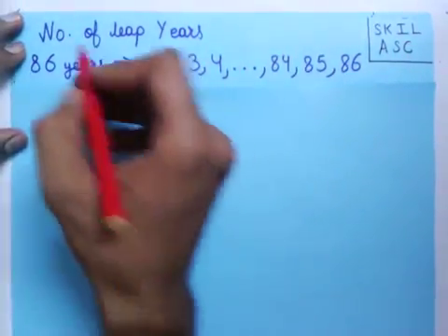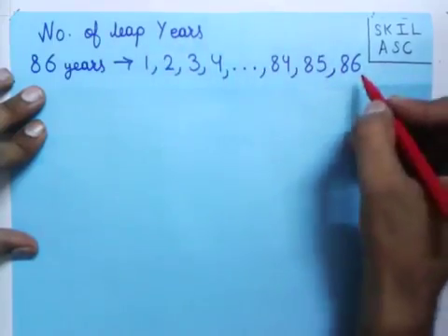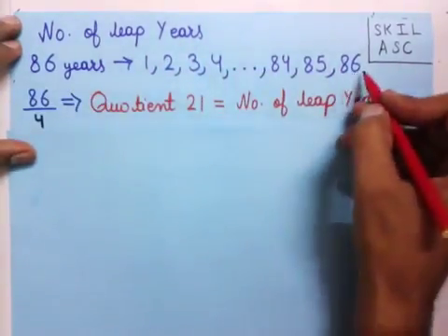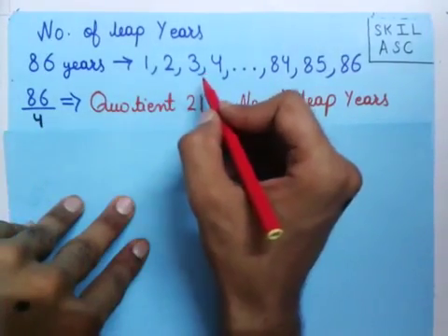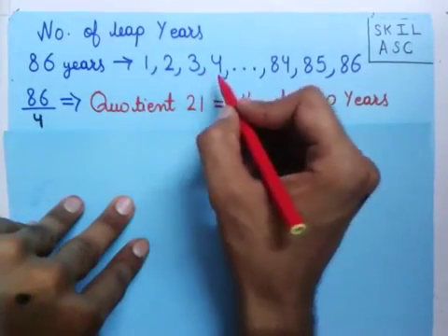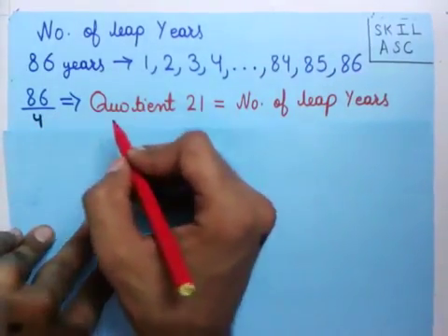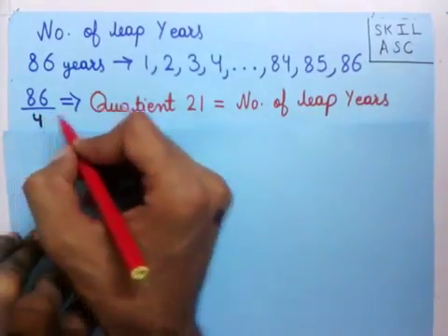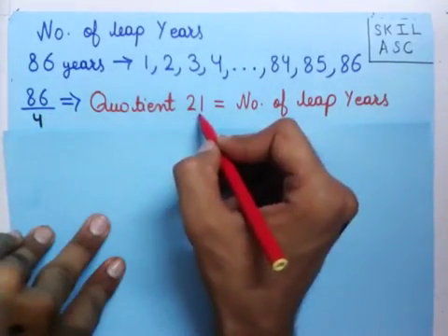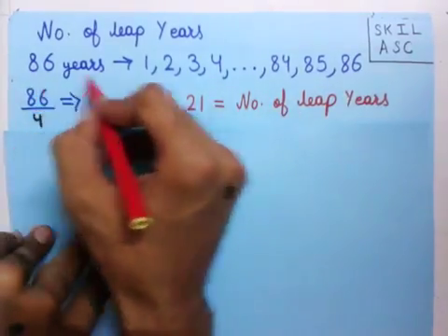So to find the number of leap years in these 86 years, we will divide this 86 by 4, because we find a leap year at every fourth step. We divide this 86 by 4, and the quotient will be the number of leap years. In this case the quotient is 21. So there are 21 leap years in 86 years.